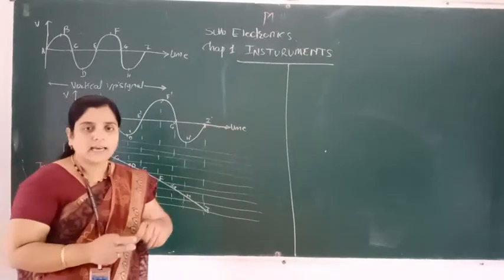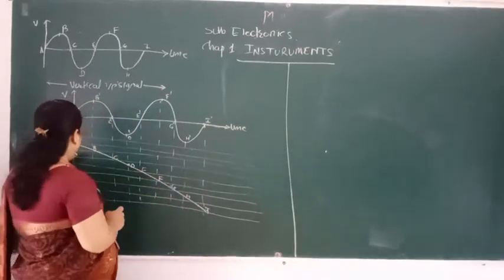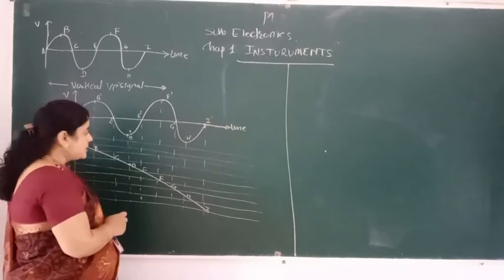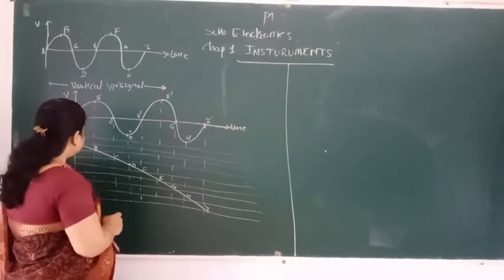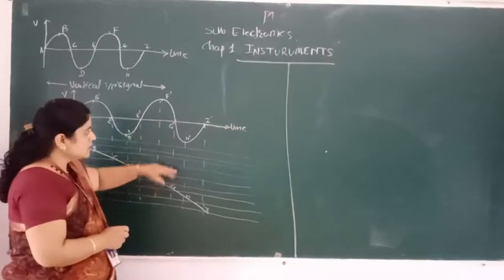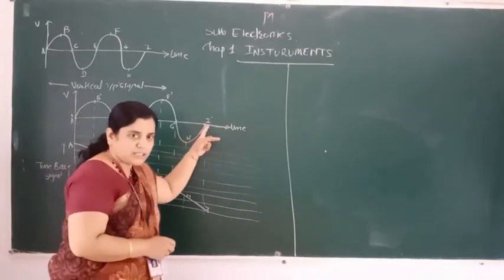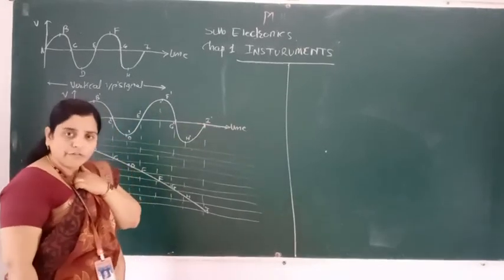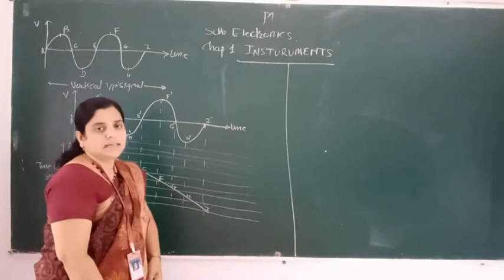All these things happen because, see, if A is given, it prepares the image A dash. If the electrical signal is given, it immediately prepares the image of that, the electrical signal is converted into a picture signal, so that the wave will be formed on the CRO.